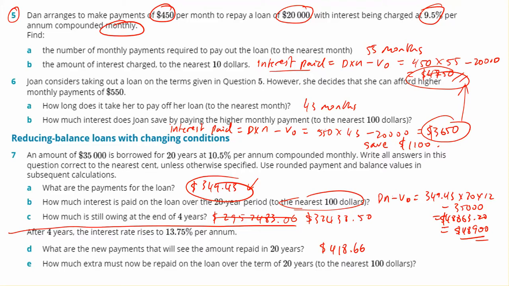So the difference you'll pay is within the 16 years. How much extra do you pay? You just take the difference, 418.66 minus 349.43, times how many months? 16 years is 16 times 12 months. So that gives you the answer.